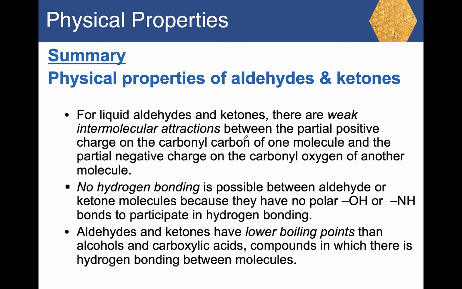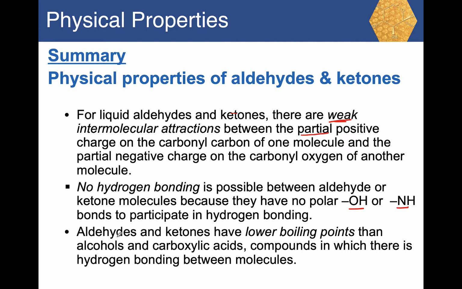So just a summary here before we conclude. For liquids of aldehydes and ketones, they have weak intermolecular attractions based on the polar covalent bonds. Again, there are no OH or NH present, so therefore they cannot participate in intermolecular hydrogen bonding. They can participate in hydrogen bonding with a solvent, such as water, but not between themselves.